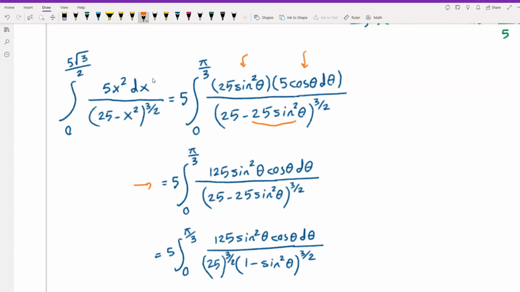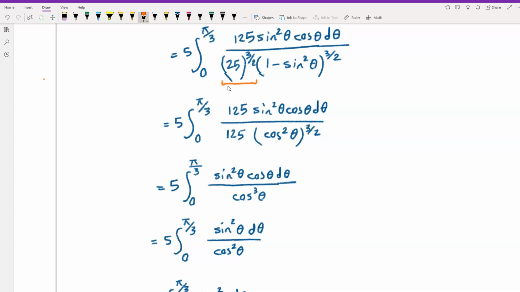In the numerator I multiply 25 times 5, so that is 125 sine squared times cosine times d theta. In the denominator, I factor out 25, so 25 power 3 over 2, multiplied by 1 minus sine squared power 3 over 2.